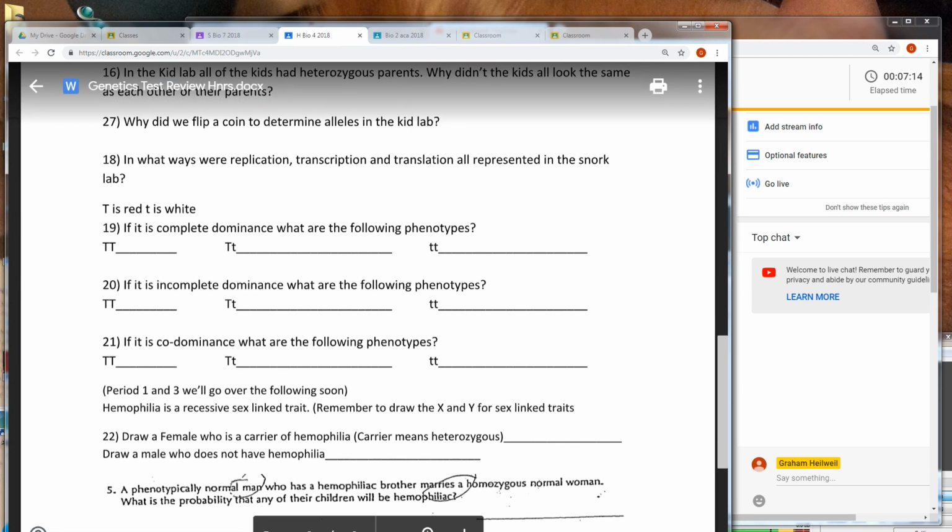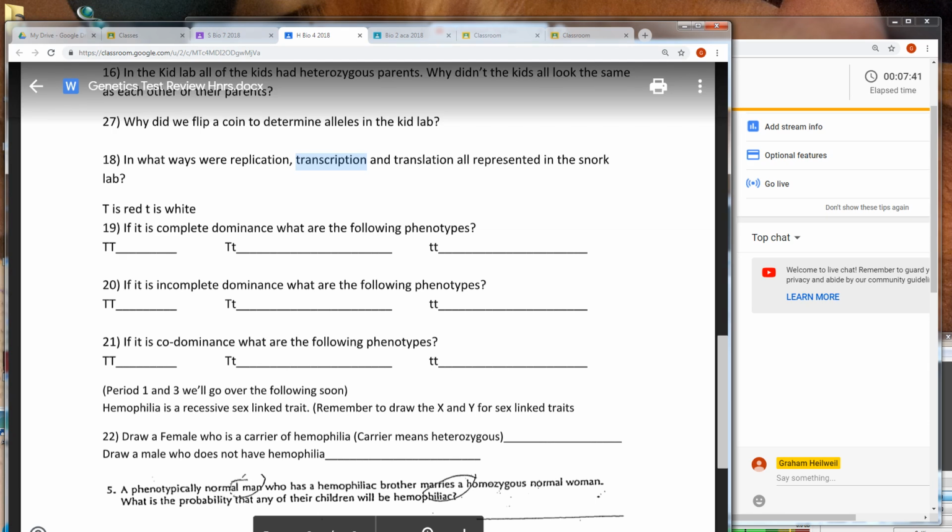All represented in the Snork lab. We had a sequence of mRNA which had to have been garnered from DNA that had been replicated. So DNA was replicated, which provided the original template so we could make an RNA sequence. That RNA sequence was then used to come up with the specific amino acids.